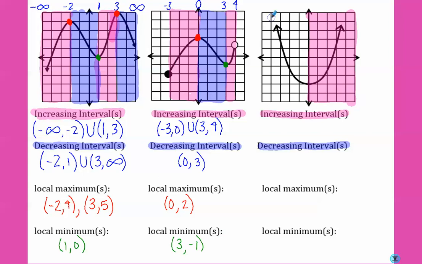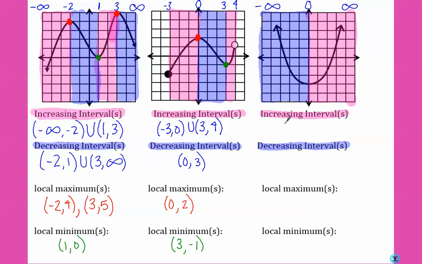So the first part would be decreasing. So on the left we have an arrow, so -infinity. Switches colors at 0, and then it goes to the right forever, so +infinity.